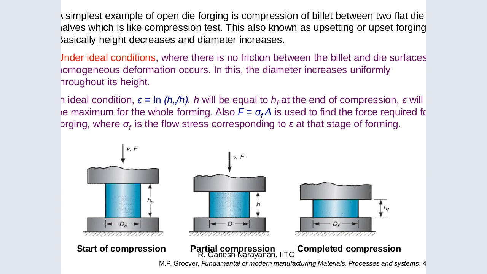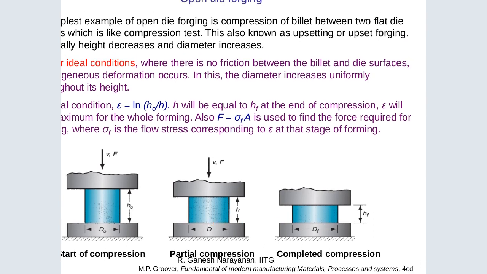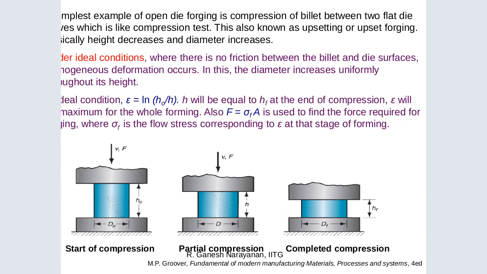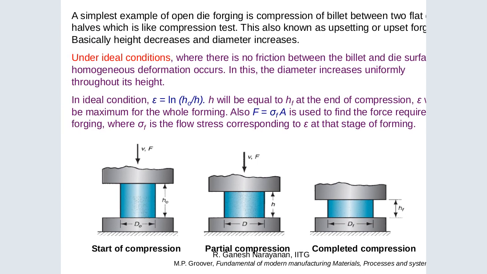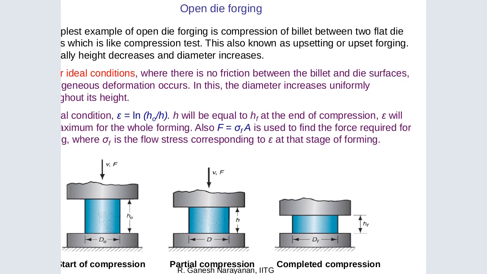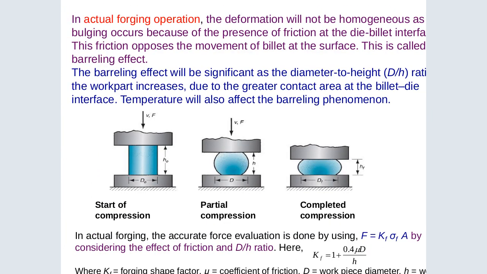Now the h naught is the initial height, that is the partial compression, and the complete deformation, that is the complete compression. Now the final height and the final diameter is there. You can see now the diameter is bigger than the initial part and the height is smaller than the initial height. So that is what happens there.